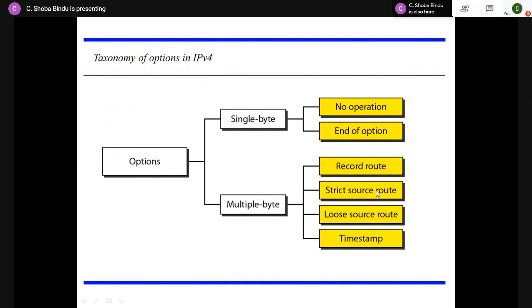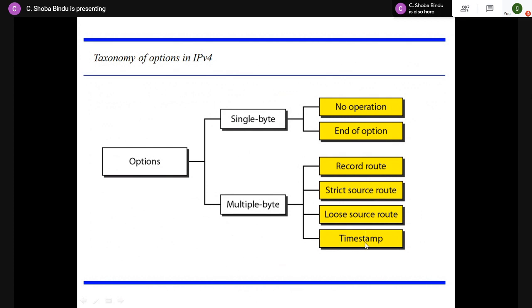If it reaches any other node which is not in this route, then that packet is dropped. In loose source routing, apart from the nodes specified in the route, it can also go to some other nodes. But ultimately, all the routers specified here have to be reached.